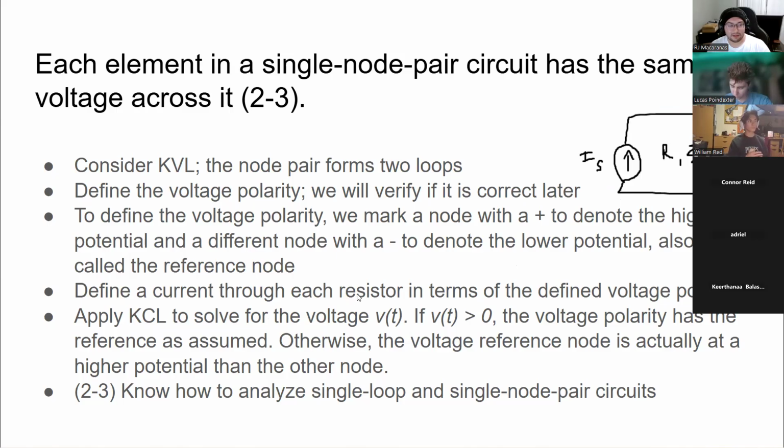So the general principle is, since we know the voltage is the same, we can exploit that to use KCL to determine all the currents and solve for the circuit.